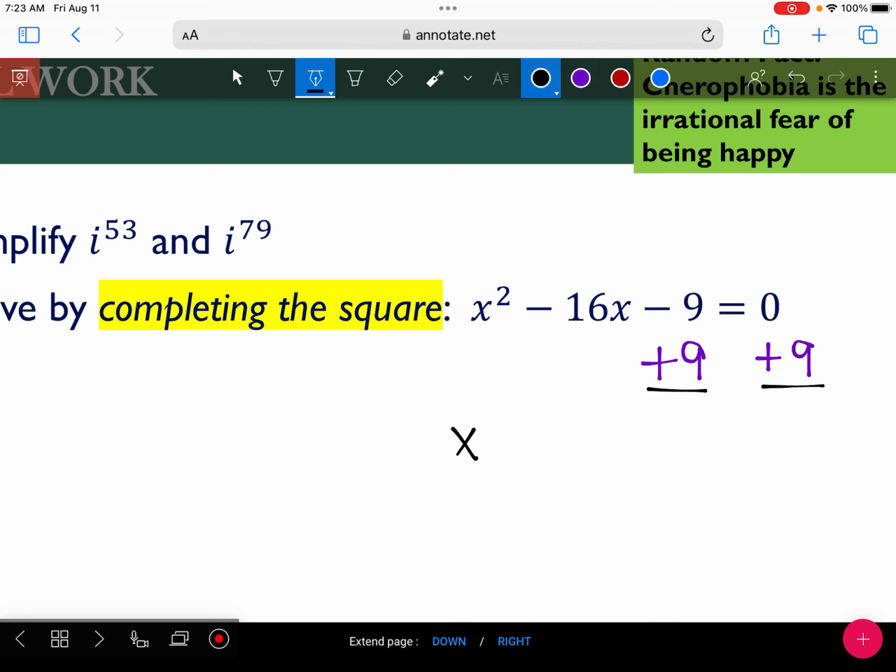So that's x squared minus 16x equals 9. And then we complete the square. We're going to take our b value, which is negative 16, divided by 2, and square it. So negative 16 divided by 2 is negative 8, and negative 8 squared is positive 64. So I'm adding that to both sides.